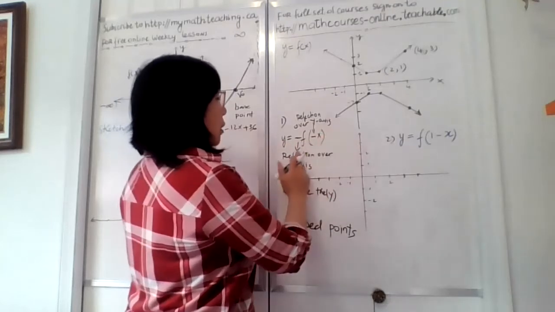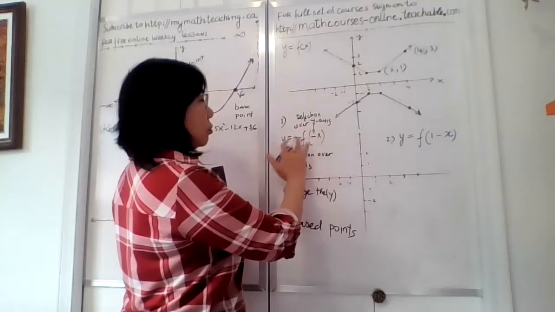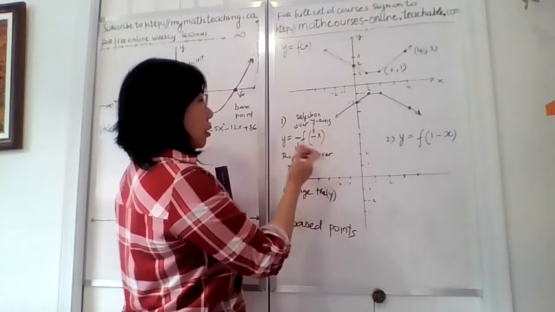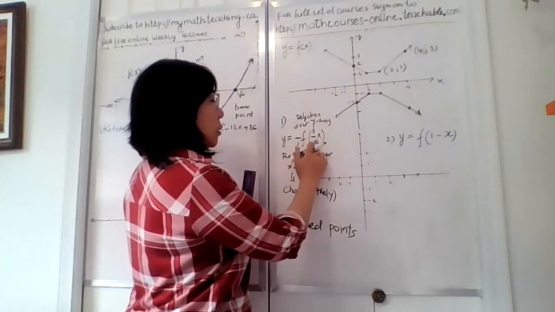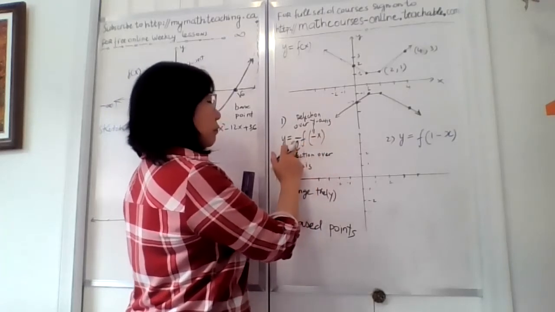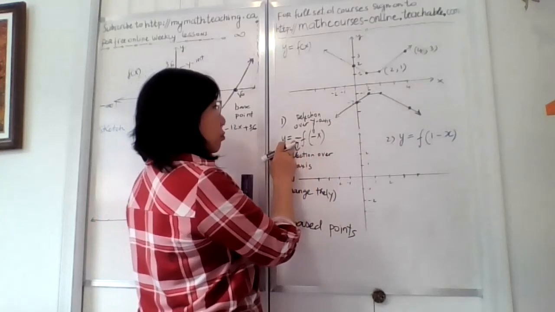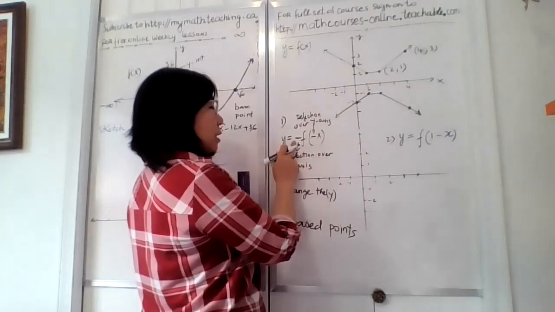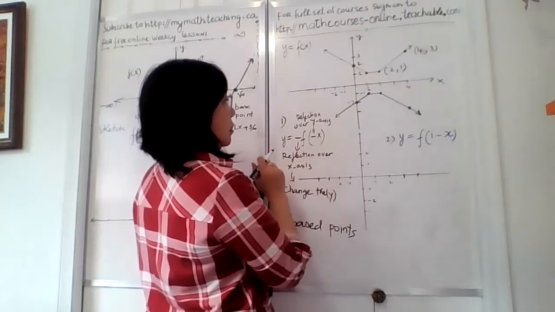So we do both. Now, for the reflection as well, we don't need to do it in order. You can do this first and then do that, or you can do that first. Doesn't matter. But here I follow the order. We do the reflection over the x-axis first, and now we do reflection over the y-axis.